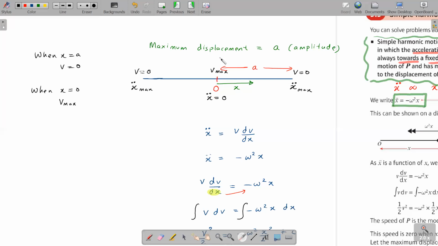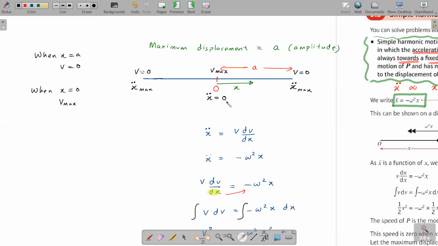Actually, you can see here, displacement is 0 at the center. So when x is 0, since acceleration is proportional to the displacement, you can see when x is 0, x double dot is 0. Also, when the acceleration is 0, it means you have reached the maximum velocity.